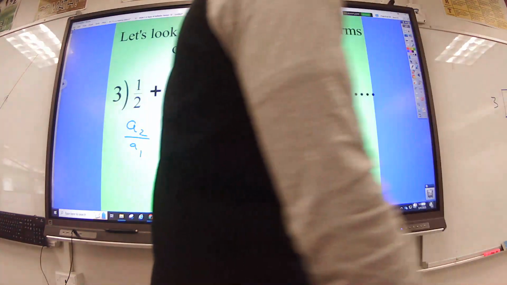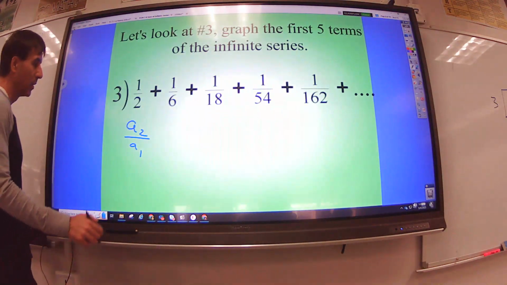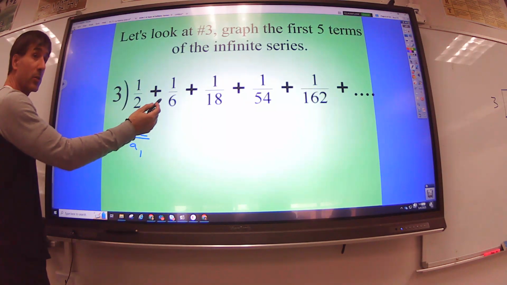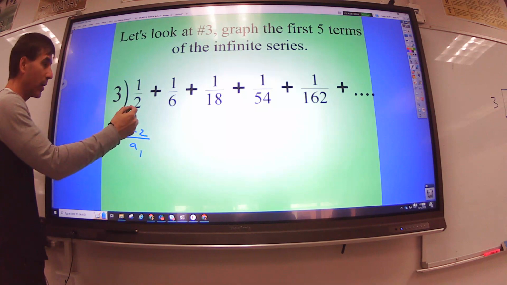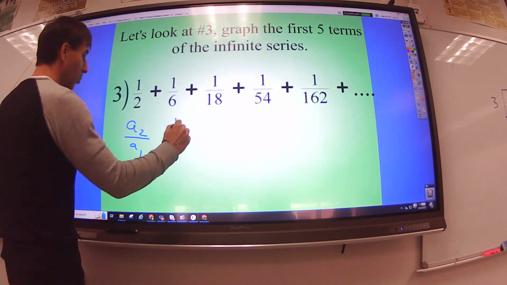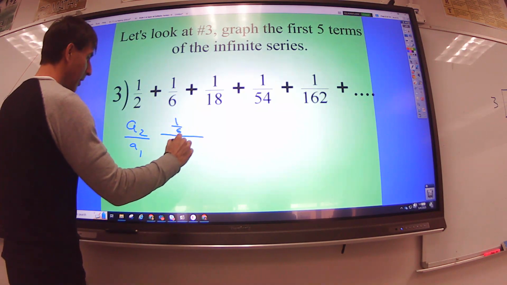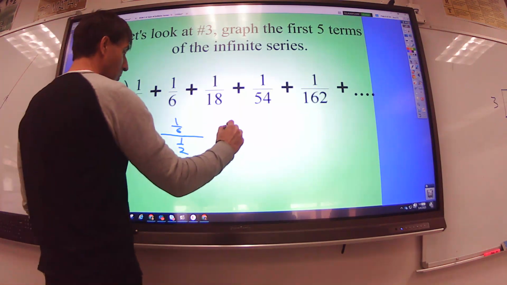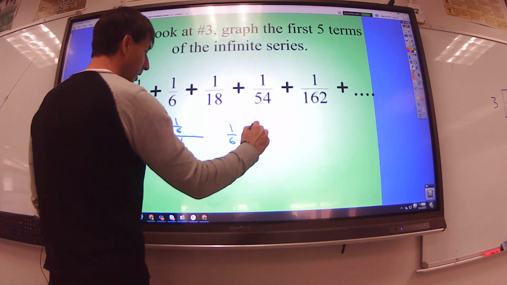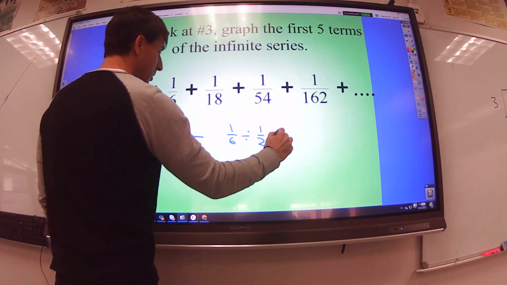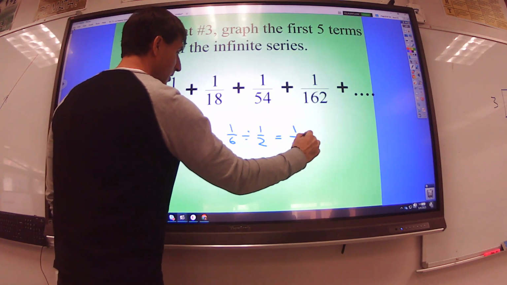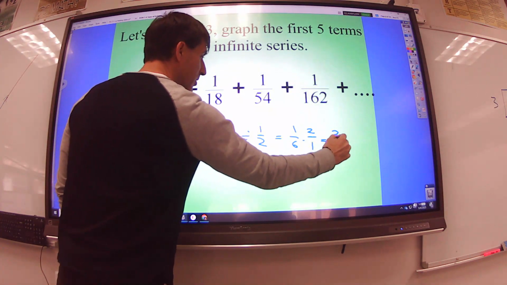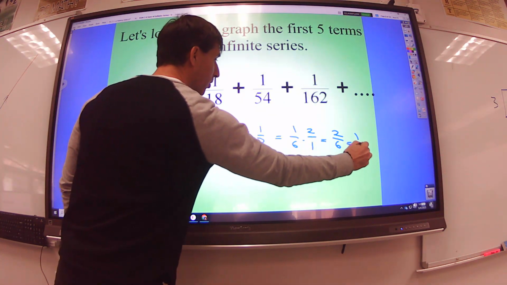Number 3, to find the ratio, I think you can visually see what the ratio is. Remember, the ratio is a sub 2 divided by a sub 1, which is 1/6 divided by 1/2, which is 1/6 times 2/1, which is 2/6, which is 1/3, right?